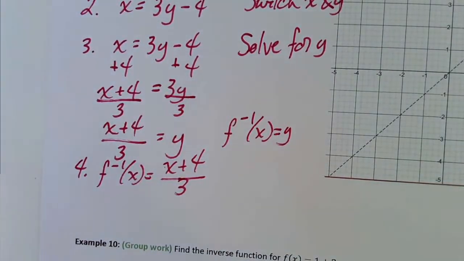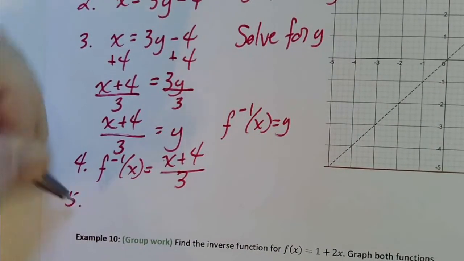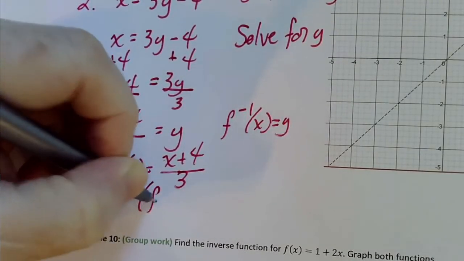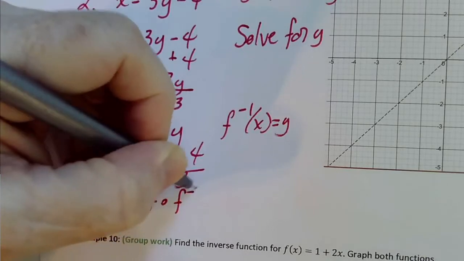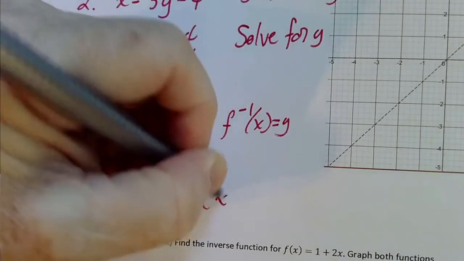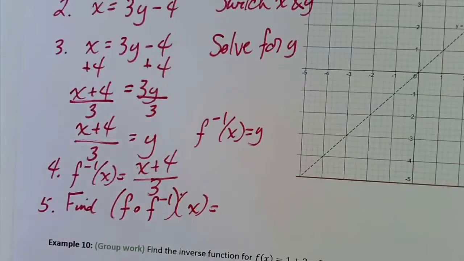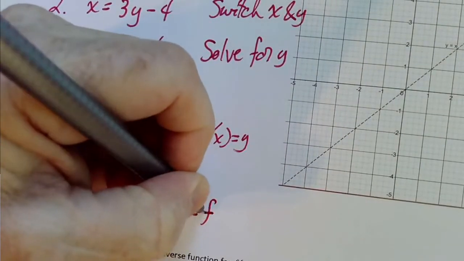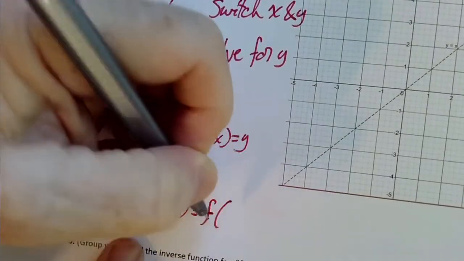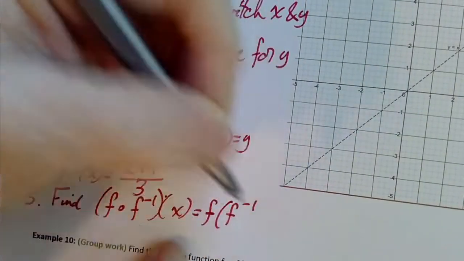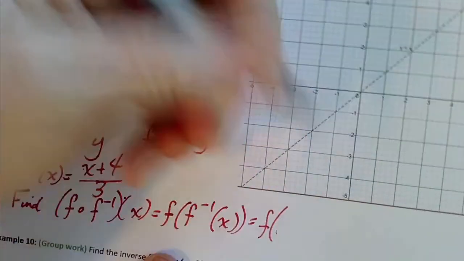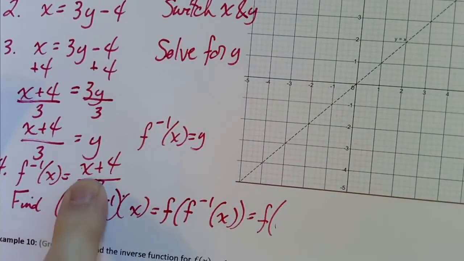And then step 5 is checking. So let's find f composed with f inverse of x. I have to rewrite this so I know what it means: f of f inverse of x. So it's f of, the formula for f inverse was x plus 4 over 3.